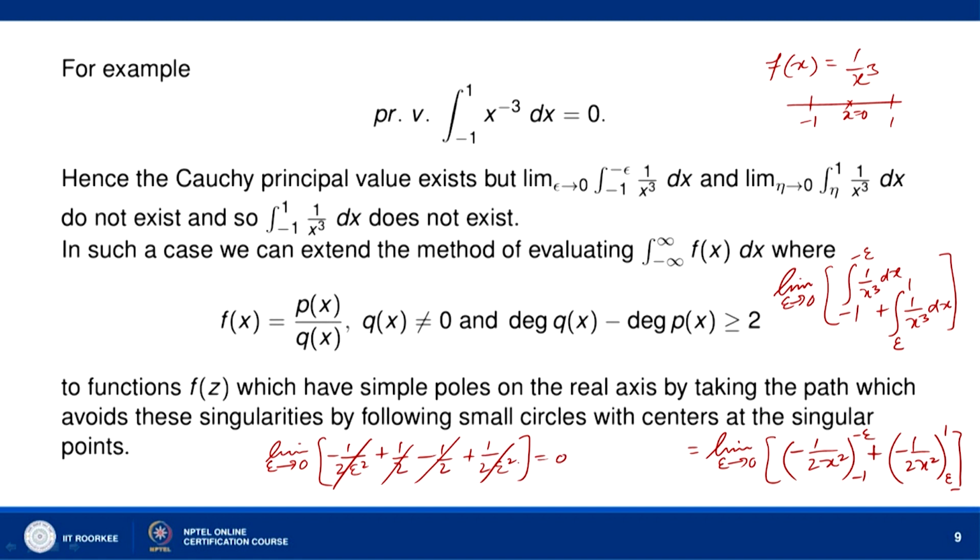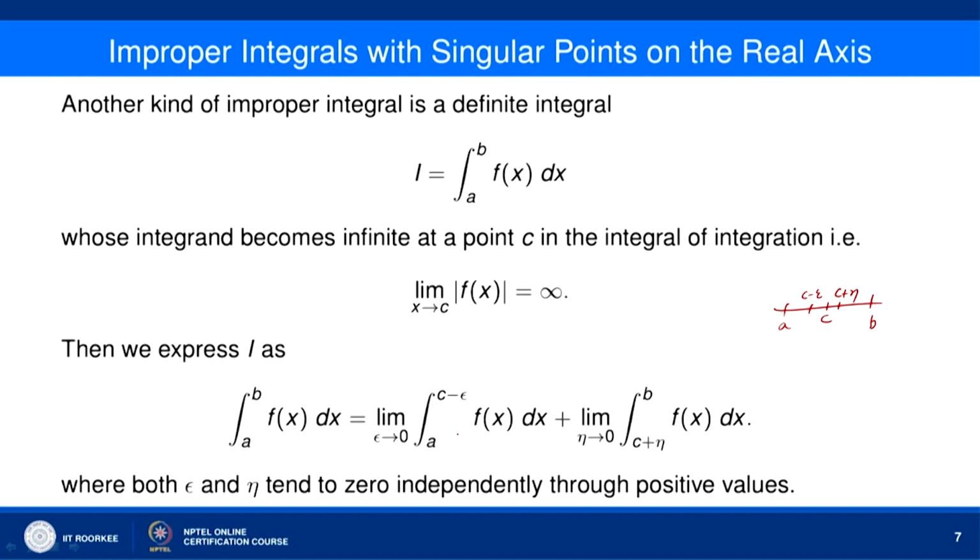So, the Cauchy principal value of this integral exists and is equal to 0, but you see the limit epsilon tends to 0 of integral minus 1 to minus epsilon 1 by x cube dx, and the other limit, separately if you find, they do not exist.